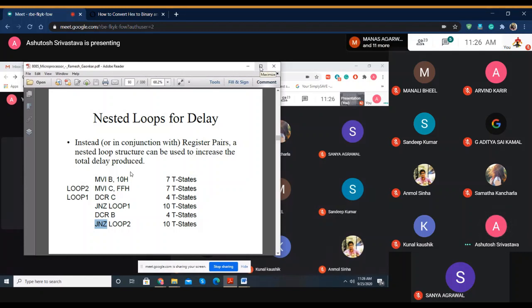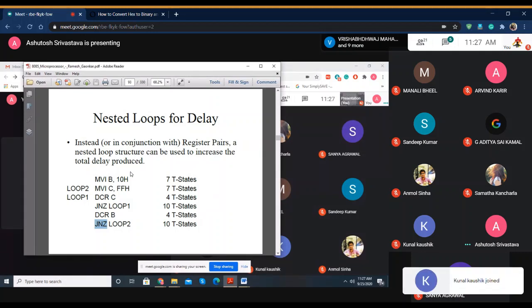Kunal Kaushik, have you been able to determine the overall delay? Considering this is 8085 microprocessor and say its frequency is... Kunal?